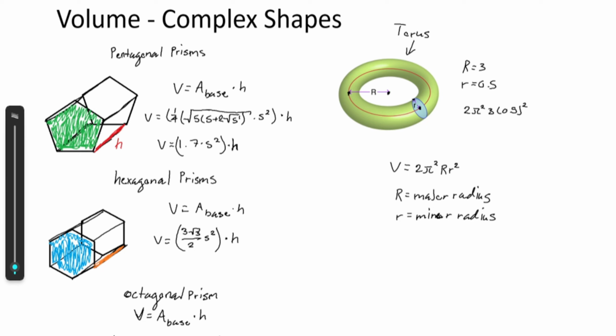I don't know that off the top of my head, so let's plug that into a calculator. 2 pi squared multiplied by 3 times 0.5 squared, and the volume is equal to about 14.8 units cubed. Whatever the units are, if it was centimeters, it'd be cubic centimeters.